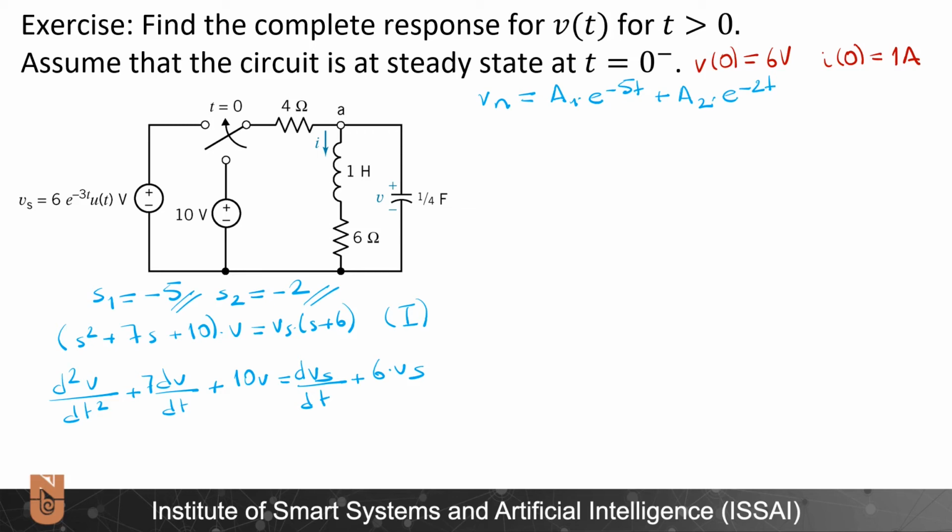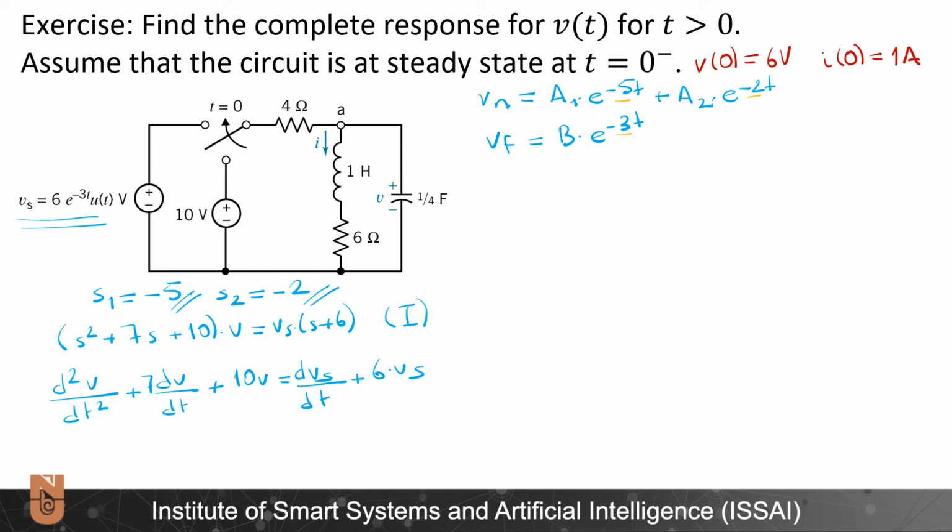And using the form of the input, I can write the forced response as b times e to the minus 3t. This is good because we have here minus 5, minus 2, and minus 3, so they are not overlapping.